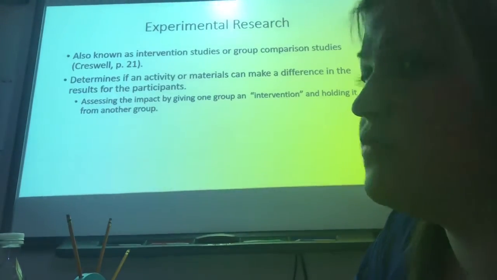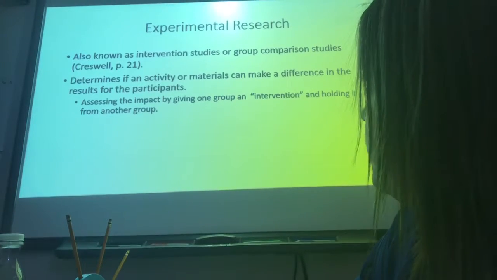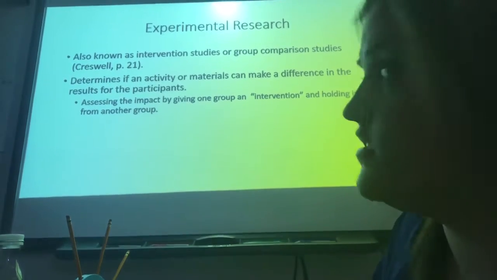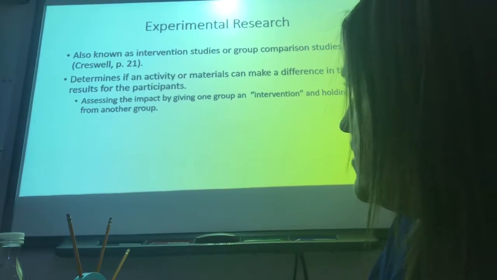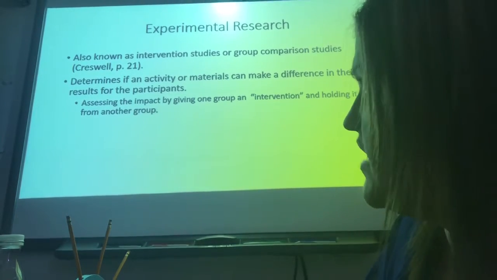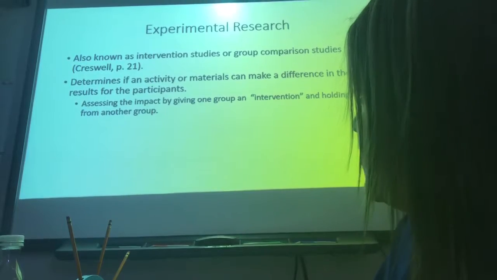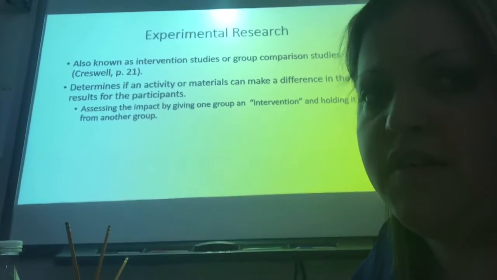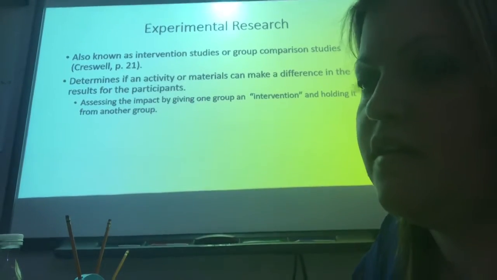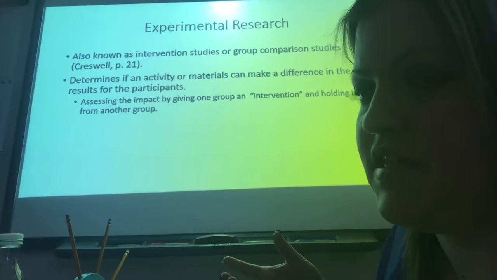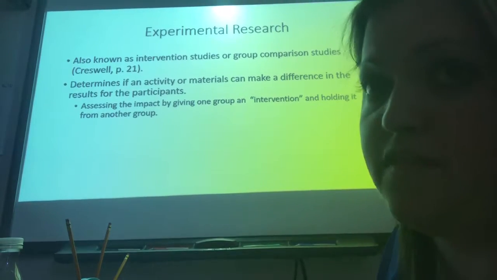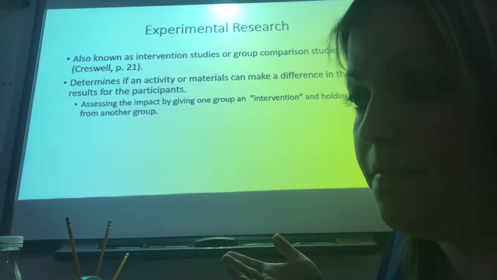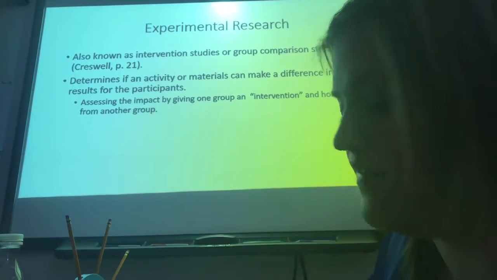Experimental research is also known as intervention studies or group comparison studies. It does determine if an activity or materials can make a difference in the results for the participants. For example, you can assess the impact by giving one group an intervention and holding it from another group, thus conducting an experiment. So you can give one group the placebo pill and you can give another group nothing, and you can see if the placebo will increase the behavior of the group that it was given to.